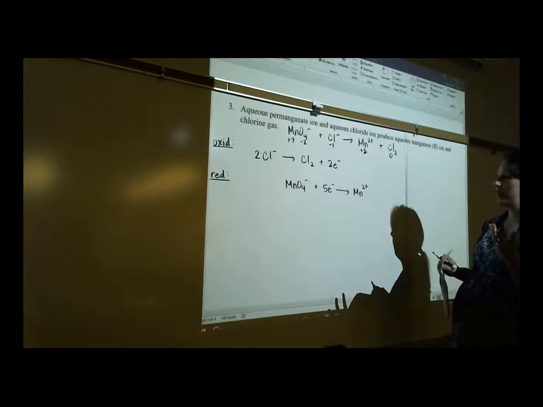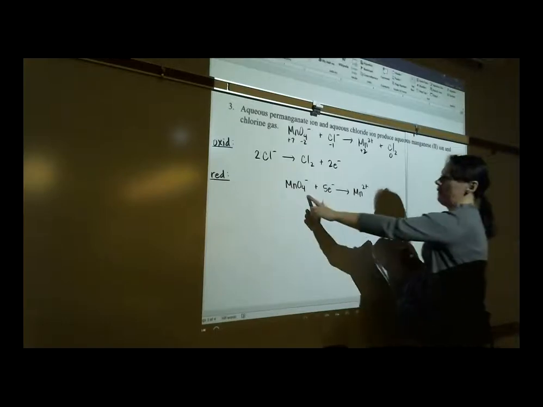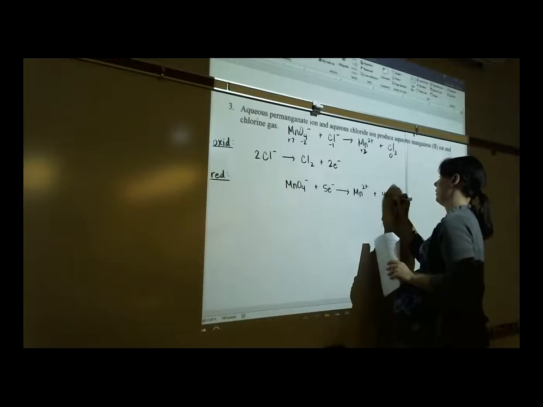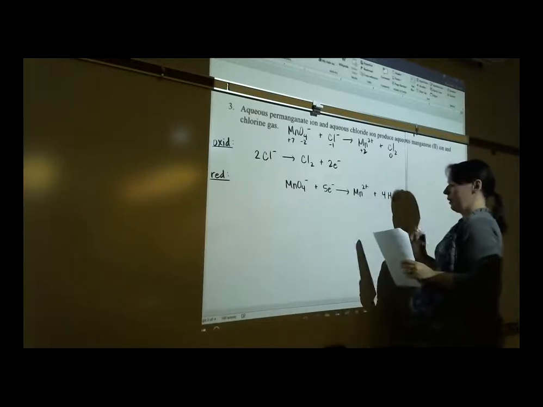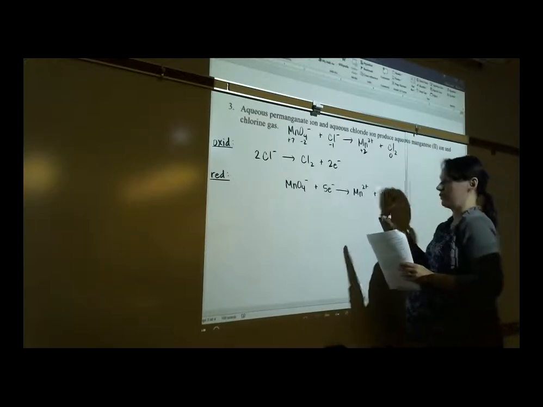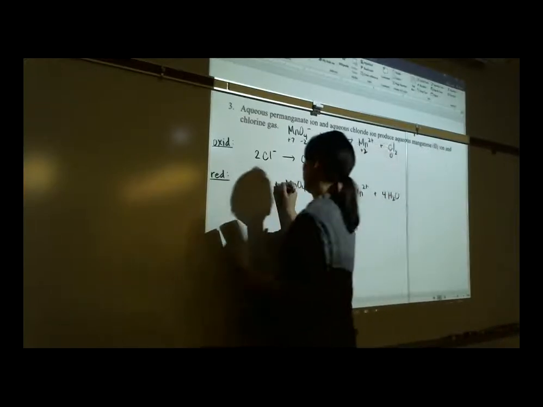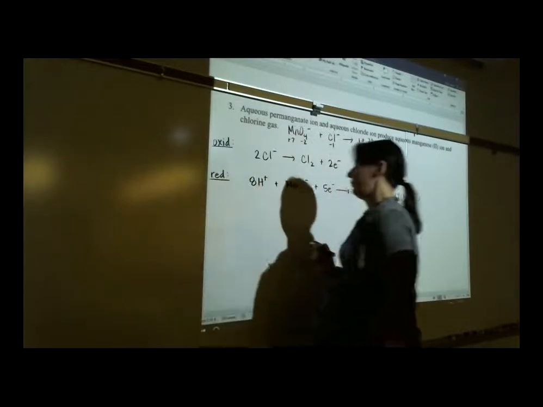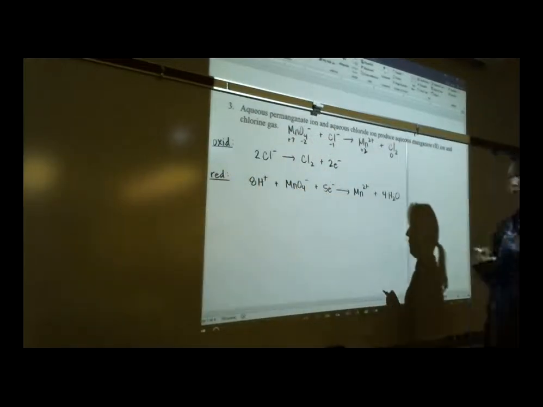I just need to balance the oxygens and hydrogens, right? 4 oxygens, so I need 4 H2O. But then I need to balance the hydrogens. There are 2 hydrogens times 4 gives me 8. Right, so I need 8 H plus. So now I've got a balanced redox reaction.